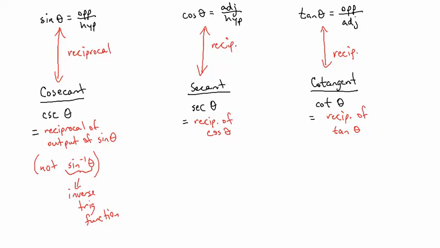Okay? So if you wanted, you could come back and say, well, the reciprocal of sine theta would be, if I flip the fraction over, hypotenuse over opposite. That's true, but I don't think it's valuable to memorize that. I think it's valuable to always think of cosecant as being the reciprocal of sine, secant as being the reciprocal of cosine, and cotangent as being the reciprocal of tangent.